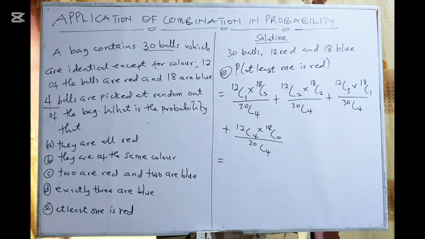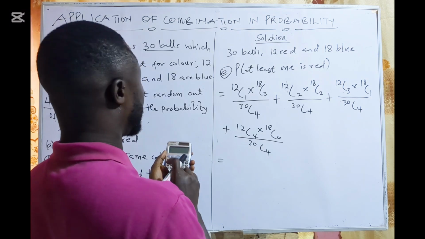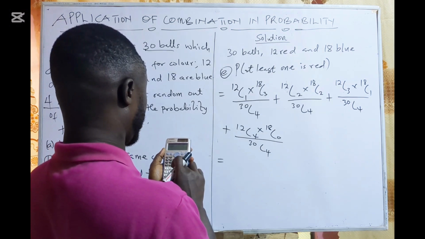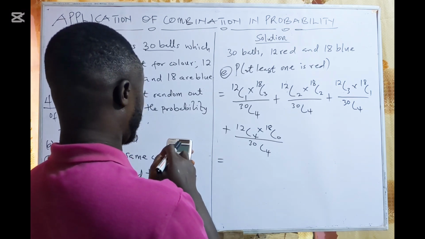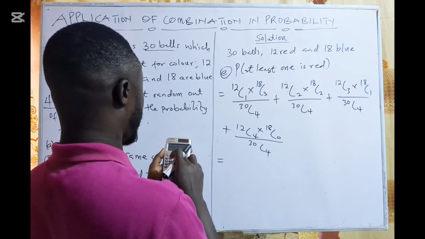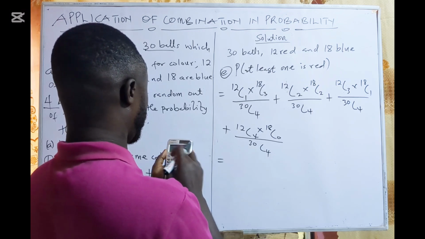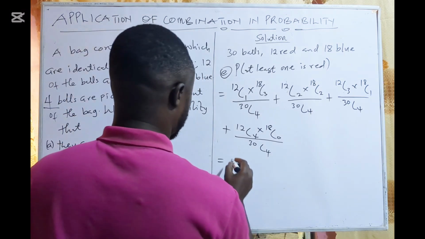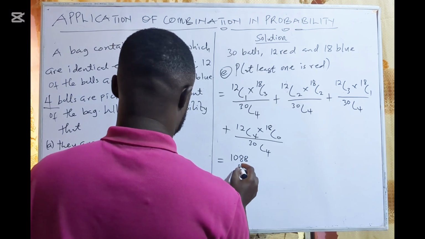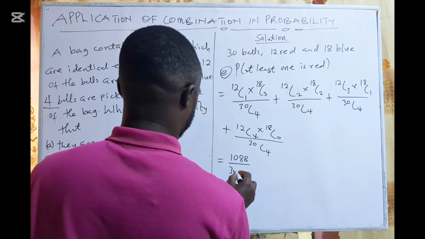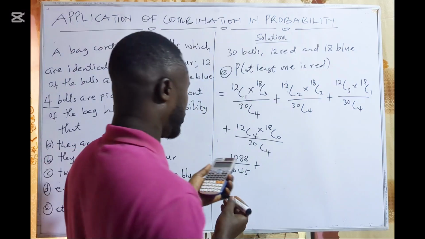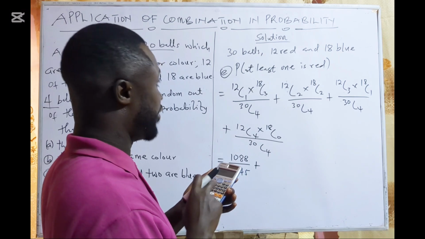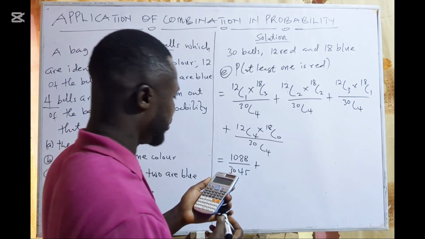All right, so let's go to the first one. You have 12 combination 1 times 18 combination 3, all divided by 30 combination 4. And that will give us 1088 divided by 3045, plus 12 combination 2 times 18 combination 2, all divided by 30 combination 4.